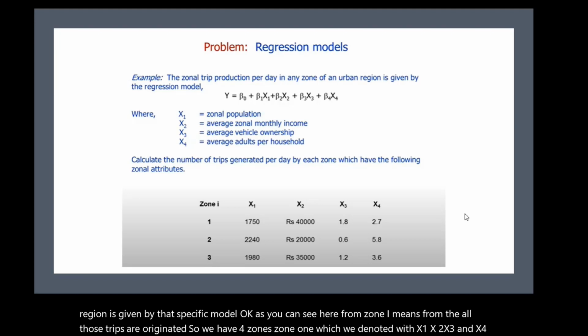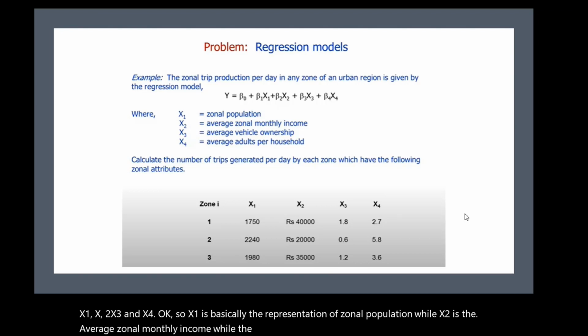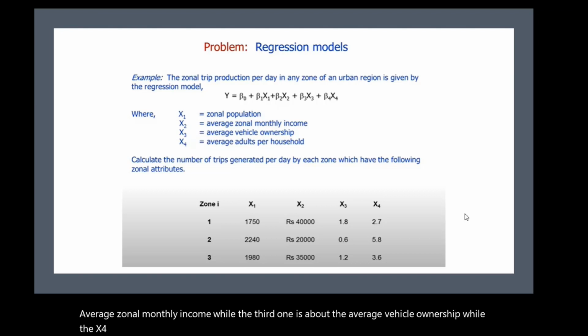X1 is basically the representation of zonal population, while X2 is the average zonal monthly income, the third one is the average vehicle ownership, while X4 is how many adults are in their own household. Okay, for the regression model, its formula is already mentioned at the top.